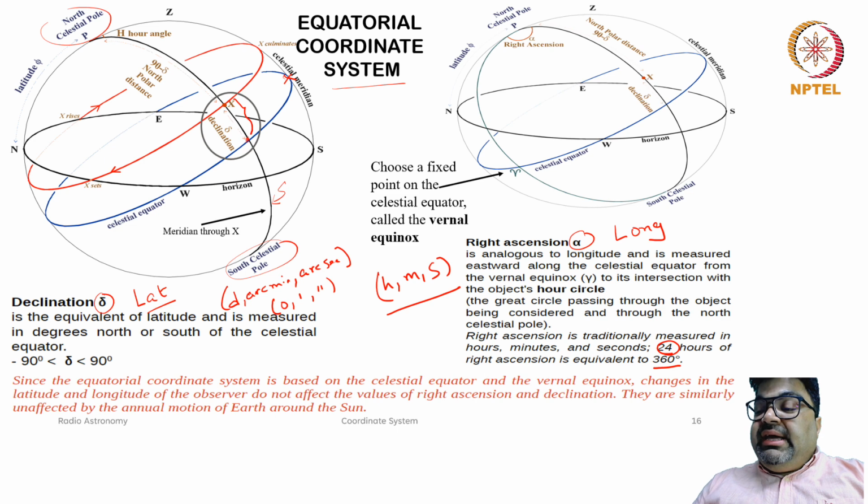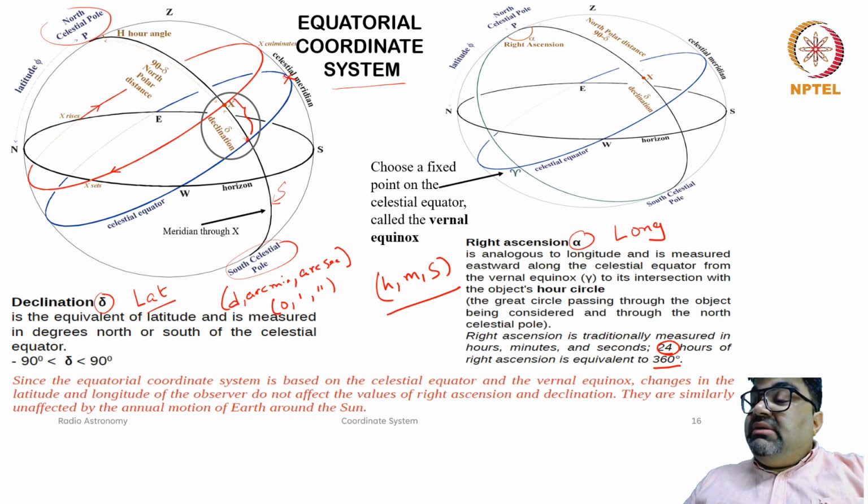But hour angle again becomes relative to the location of the particular observer, because it is a measure of the angular separation between the two longitudes, or celestial meridian and the meridian passing through this source, where the celestial meridian depends on the zenith of the observer, right?